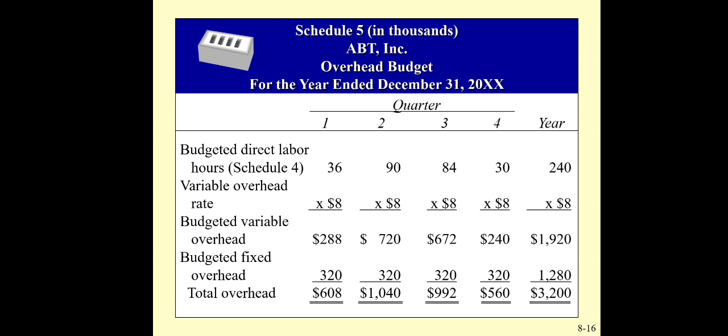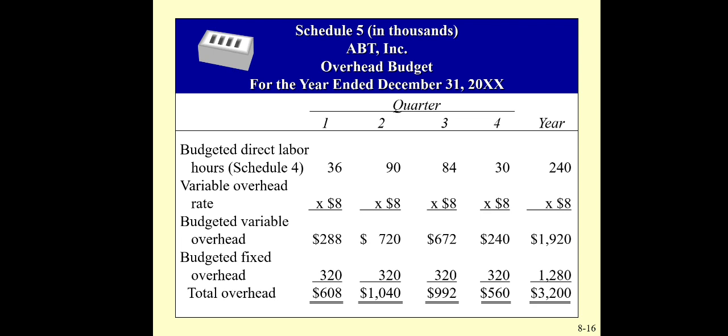Okay, last week you have been introduced to the master budget. I think you have seen that a master budget is the most important and maybe the most comprehensive budget that a business should prepare.